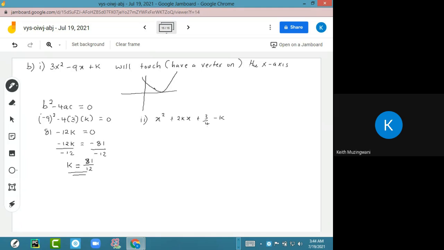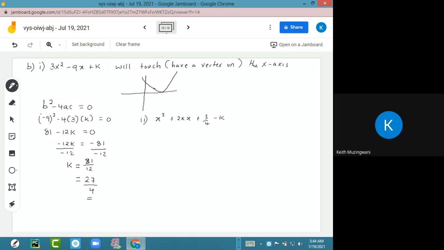This looks like it can be reduced by 3. How many times does 3 go in 81? 3 goes in 8 twice, leaves the remainder 2, in 21, 7 times, so it must end here.